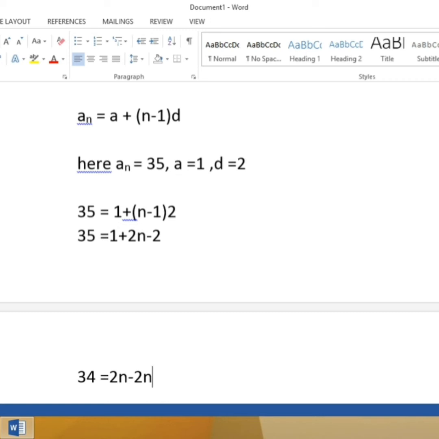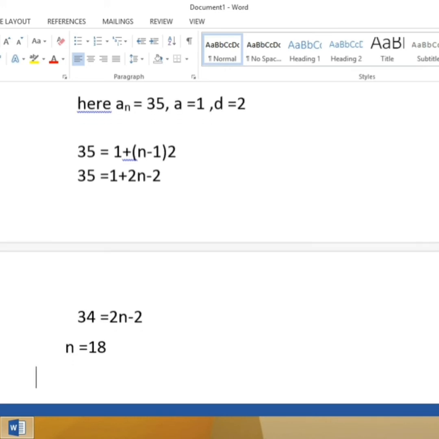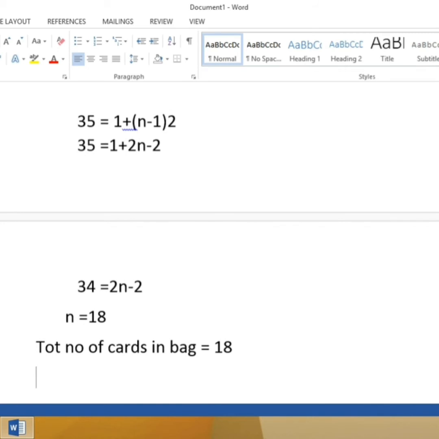So we get the value of n: 34 plus 2, since minus 2 comes to the other side, becomes 36. 36 by 2 is going to be 18. The total number of cards in the bag is 18.